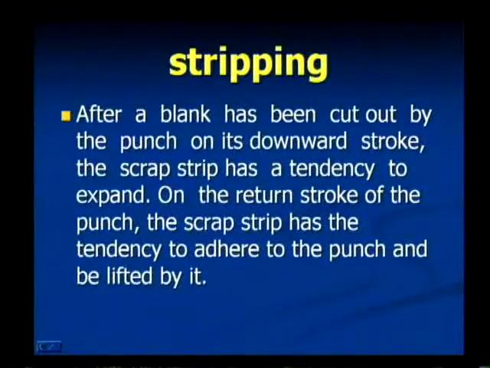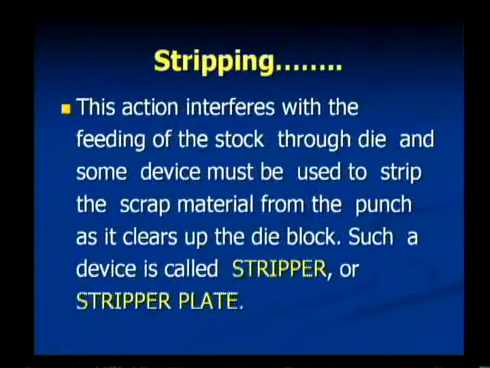The process of removing the remaining scrap strip from the punch is called stripping. So, this is a very important operation to be carried out in a punching operation. Stripping. This action interferes with the feeding of the stock through the die, and some device must be used to strip the scrap material from the punch as it clears up the die block.